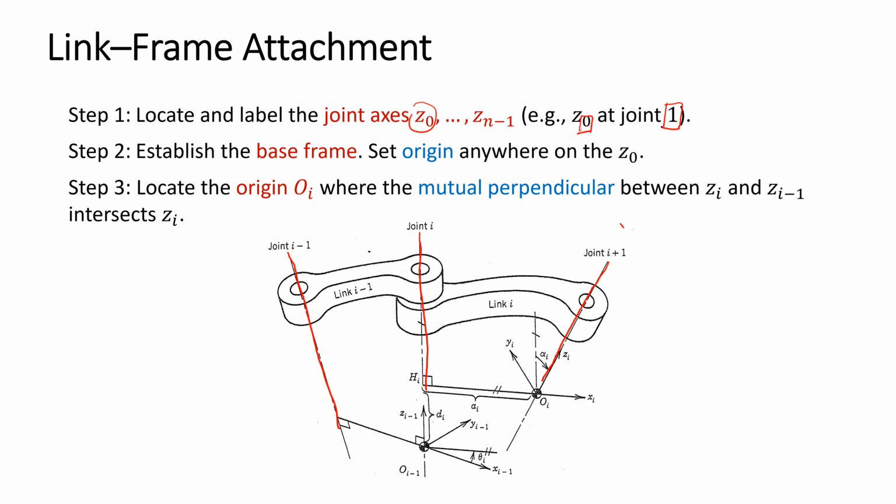For example, your simple robot has one joint and has link 0 and link 1.